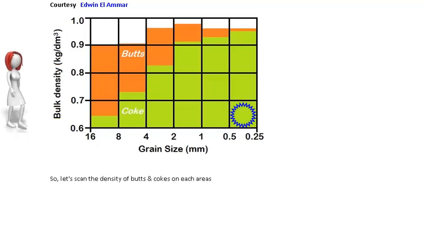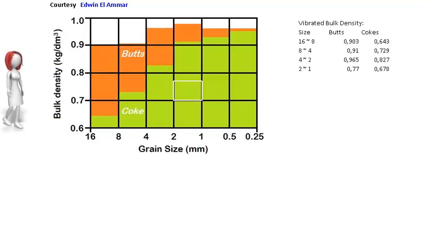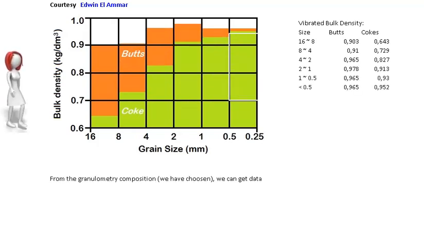So, let's see the density of butts and cokes in each area. From the granulometry composition we have chosen, we can get data.